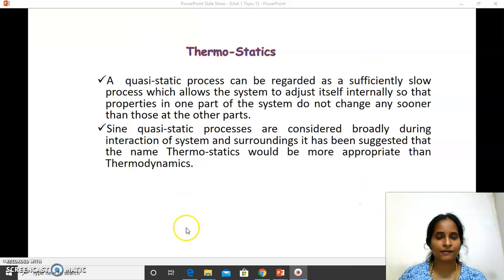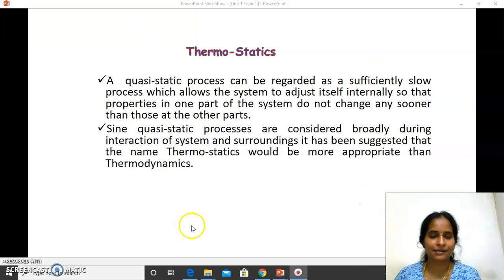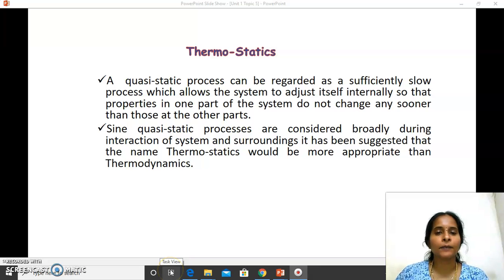Already in the last video I started this: thermostatics is nothing but thermodynamics. This particular course can also be named thermostatics, since here we deal with the system whenever it crosses the condition of statics, that is the equilibrium condition.